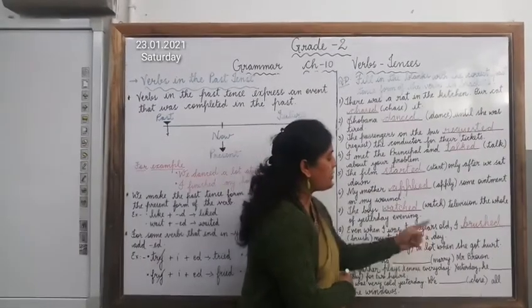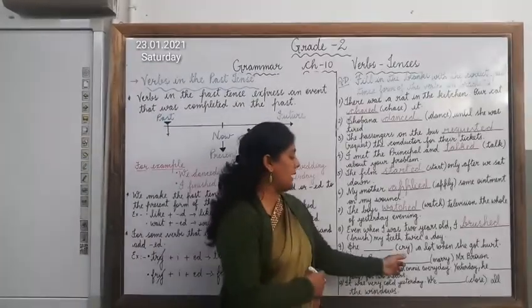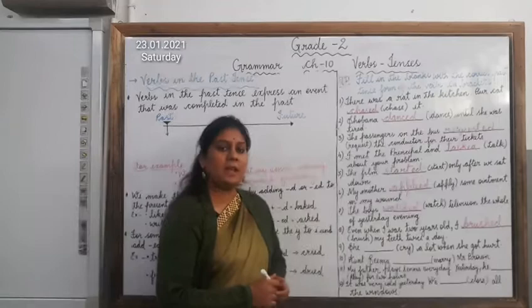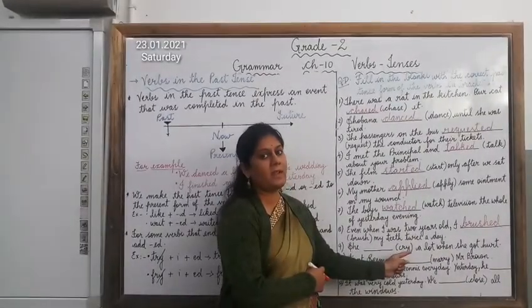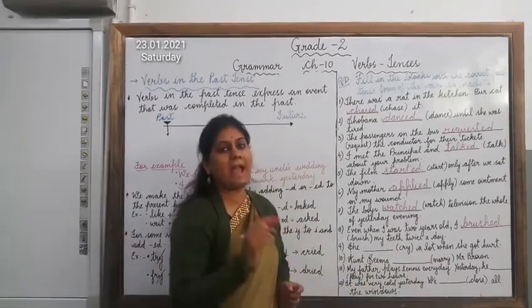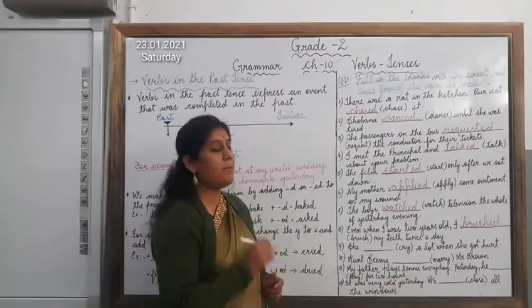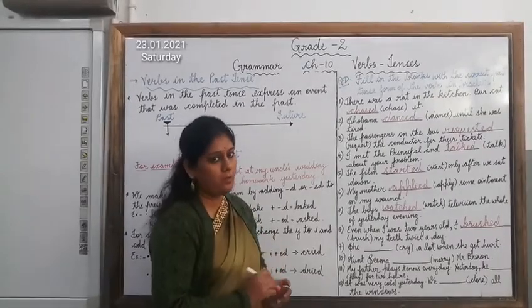Now the 9th one is: she dashed a lot when she got hurt. So here the verb given to you is cry. C-R-Y, cry. Now observe children, this spelling is ending with Y. So remember that we always add I in place of Y and we add ed to the verb.